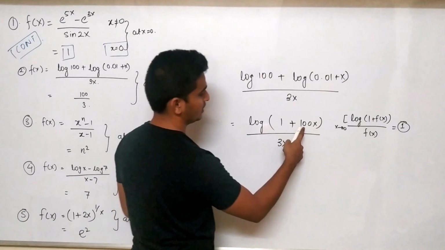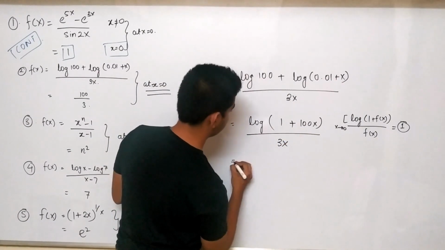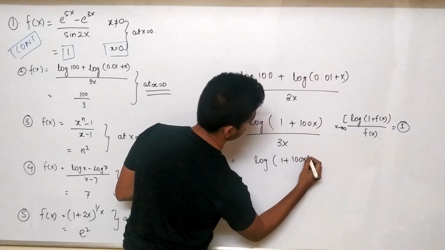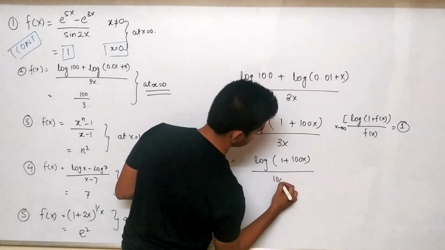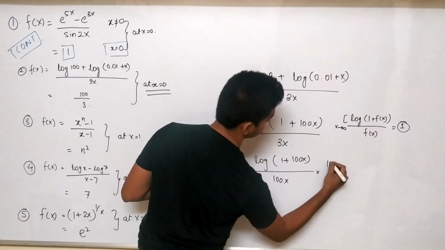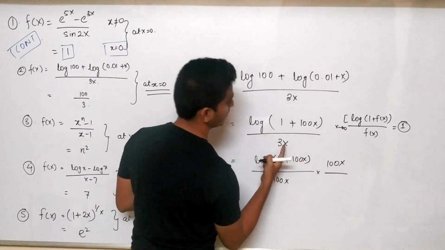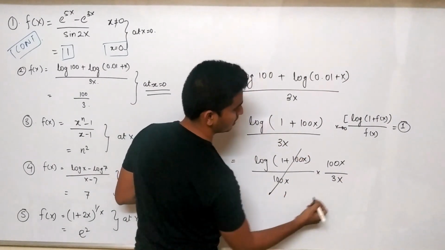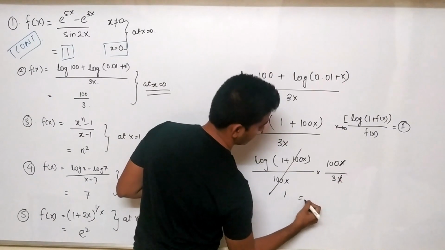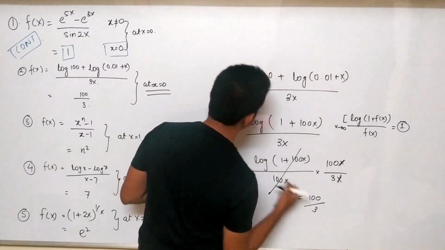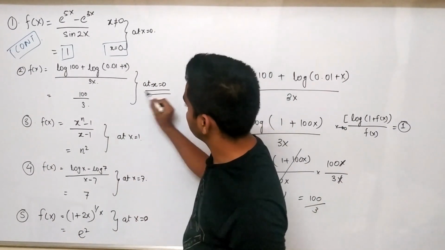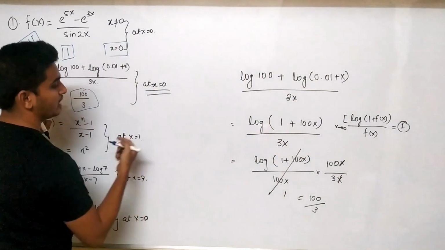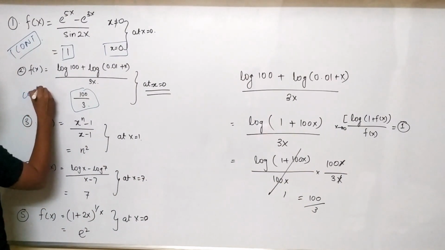So what we can do is divide this function, which is log of 1 plus 100x, by 100x and multiply by 100x. And what we have in the denominator is 3x. So you can see that these values will become 1 and x will get cancelled, and your answer is 100 upon 3, which is given over here. So we have to check: if this is satisfied, it means that the function is continuous.